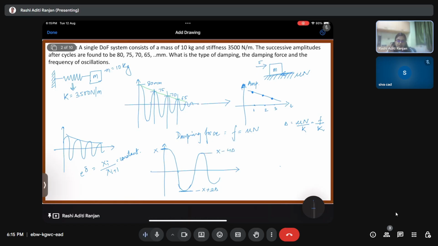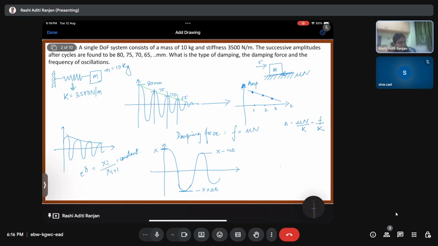So after every half cycle, the amplitude was getting reduced by what? Twice of delta amount, where delta is F by K, frictional force divided by the stiffness. And after every one cycle, the total change in the amplitude is 4 delta, which is 4 frictional force divided by K. Okay.